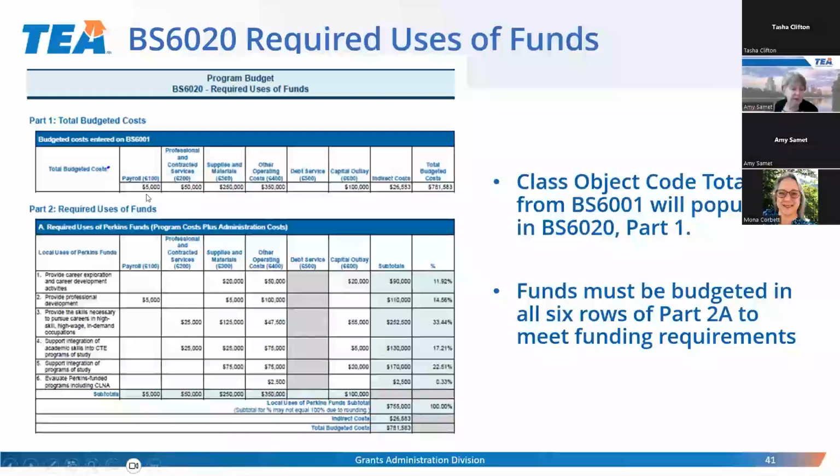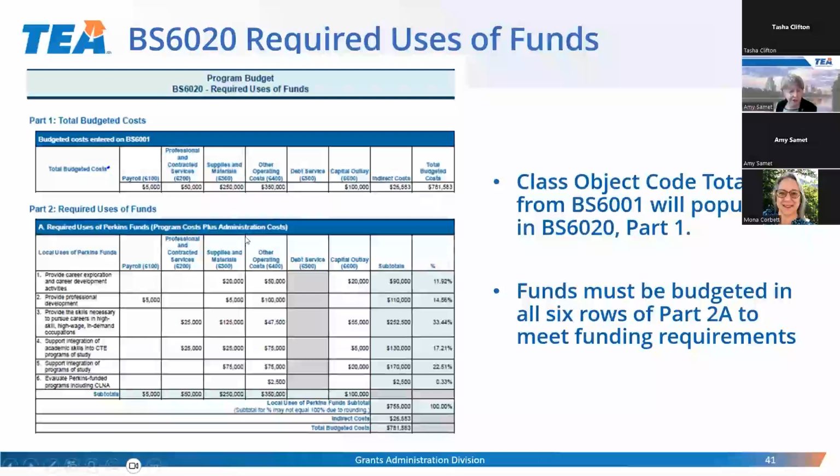It transferred from the budget summary to this schedule. Professional contracted services, supplies and materials, and so on. And indirect cost goes in here as well. And then the total budgeted cost will match the entitlement amount and the final amount on the budget summary.